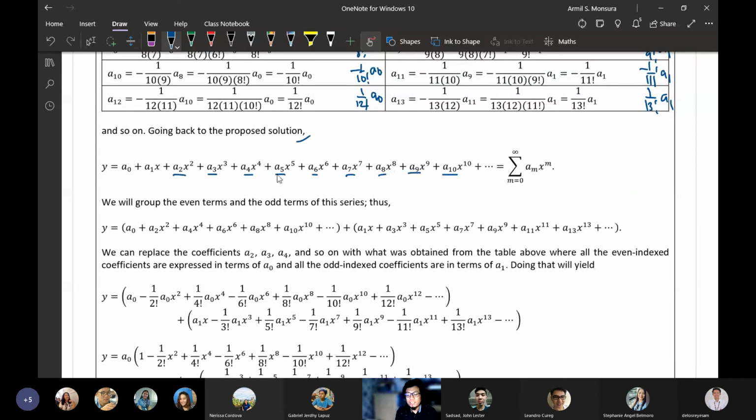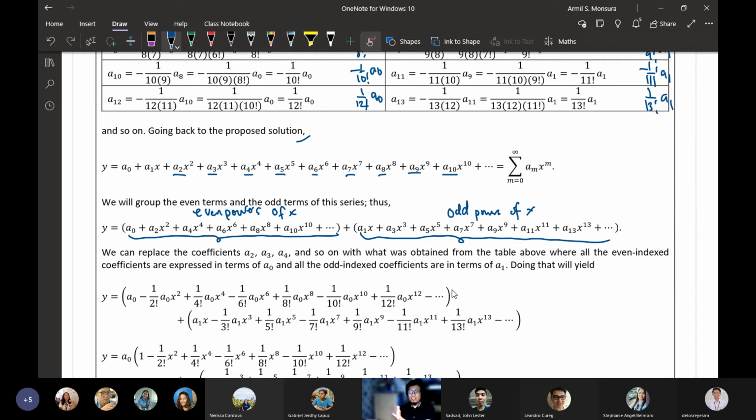I rearrange this series in such a way that all together magkakasama yung terms containing even powers of x, and the terms containing odd powers of x. Kita ba? Yung isang grupo, even powers of x. Yung kabilang grupo, odd powers of x. Kita?